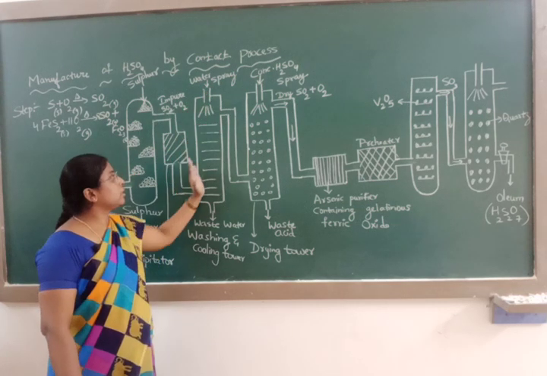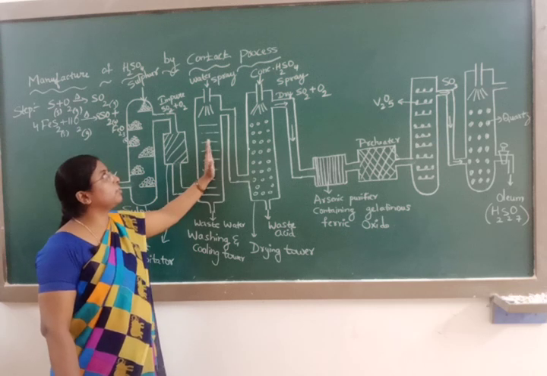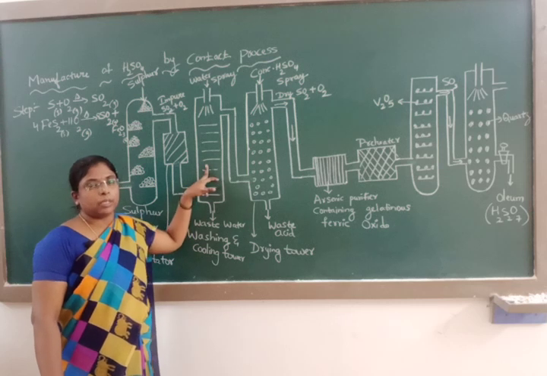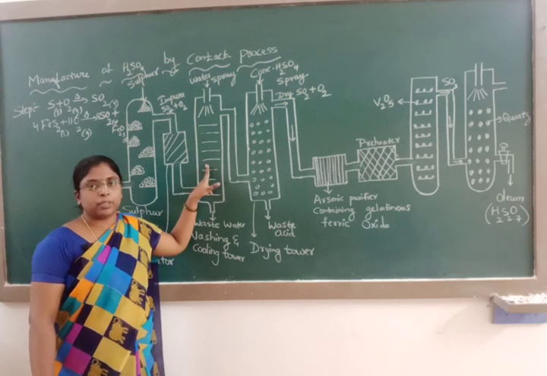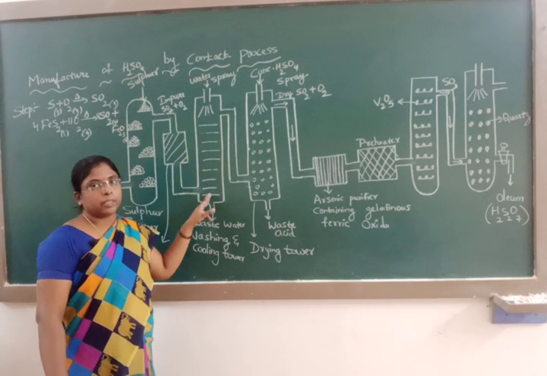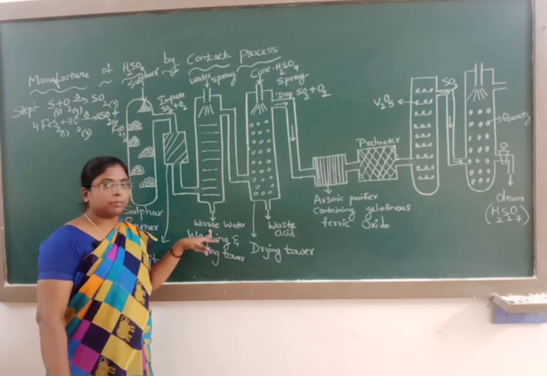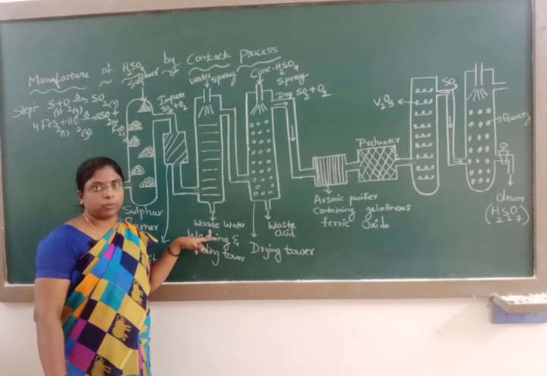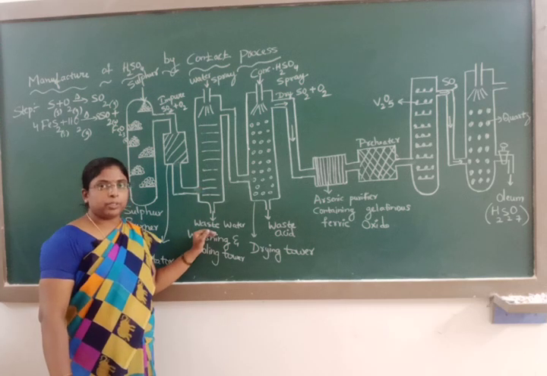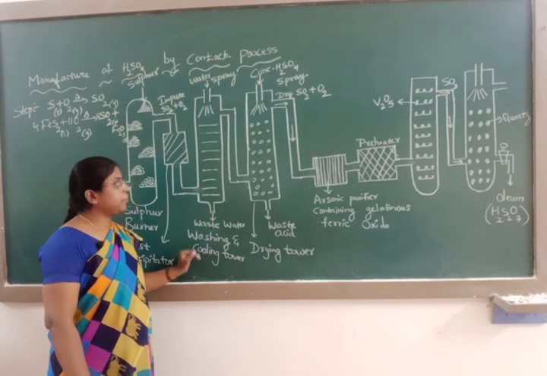When the impure sulfur dioxide and oxygen pass into this washing tower, water-soluble impurities dissolve completely in the water and are collected at the bottom as waste water. In this way, the water-soluble impurities are removed in the washing and cooling tower.